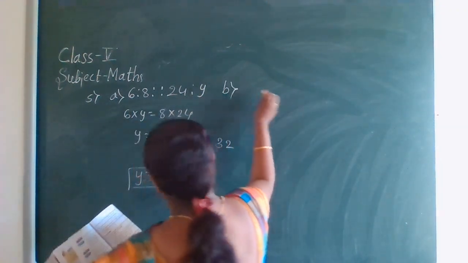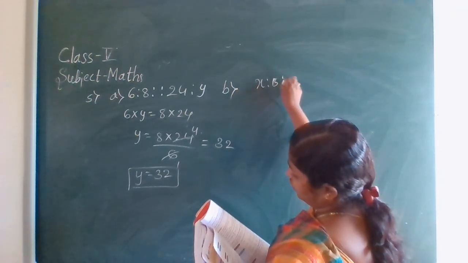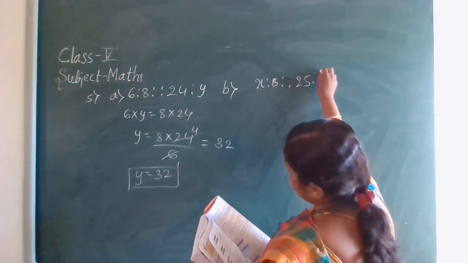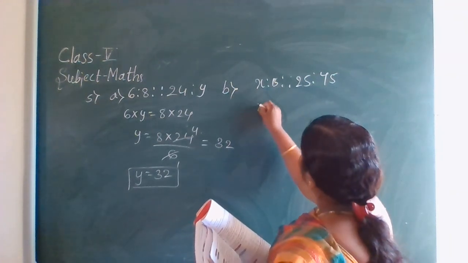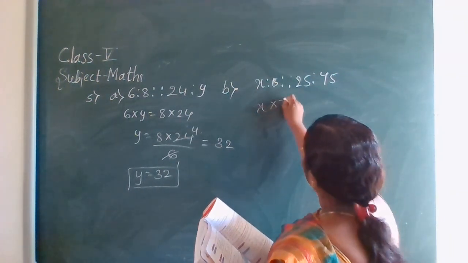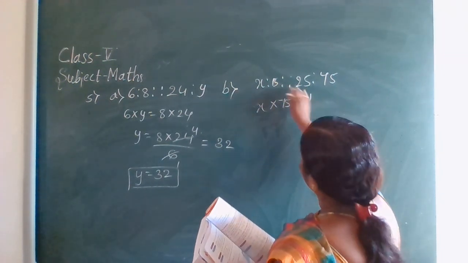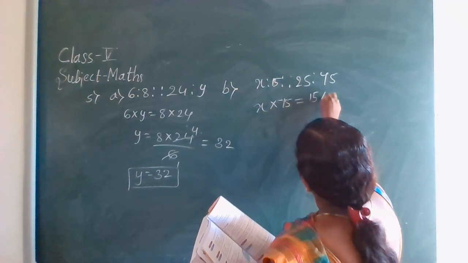Then B. x is to 15, 25 is to 75. The product of extremes is equal to the product of means.